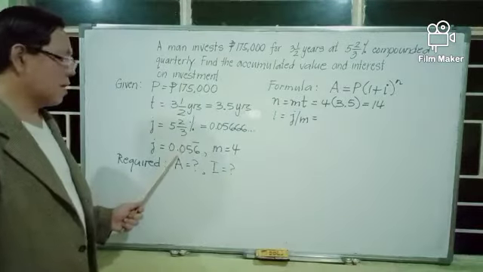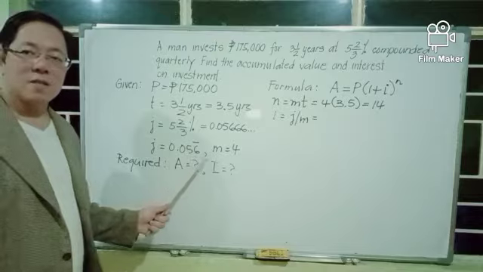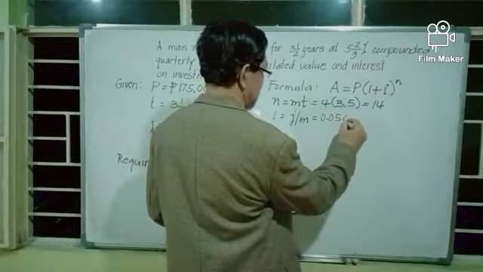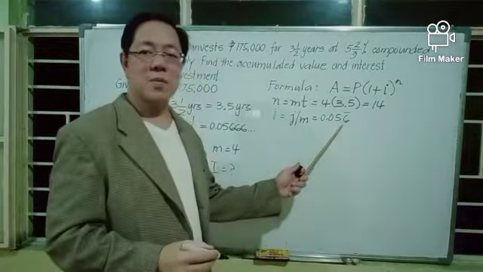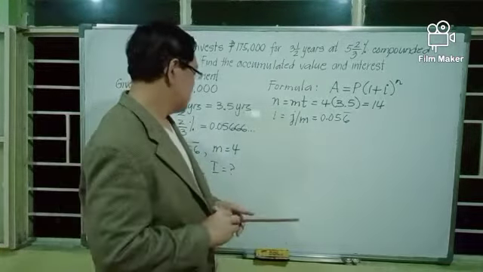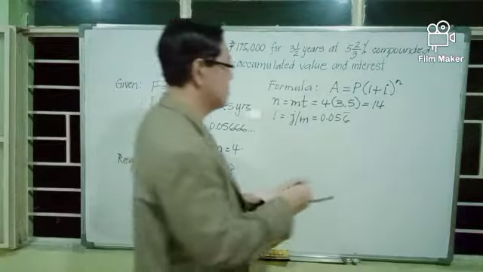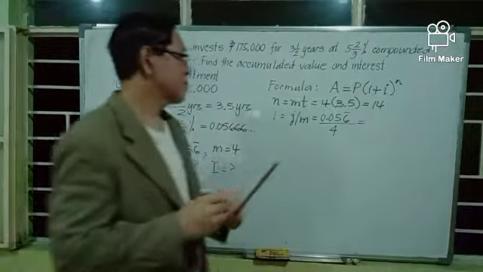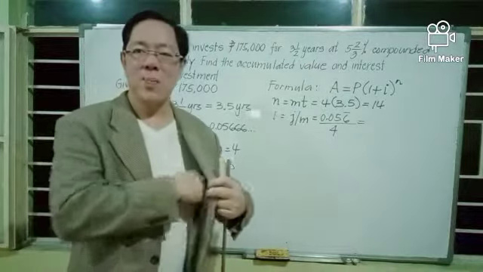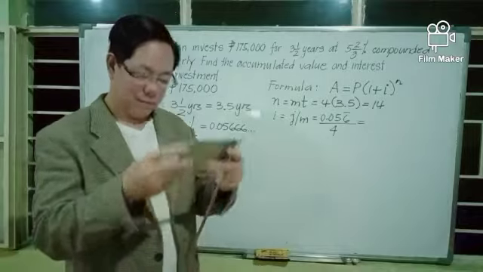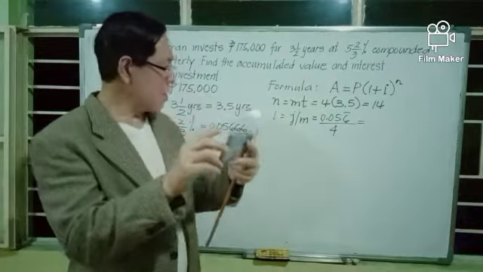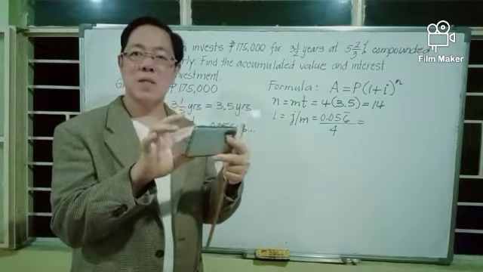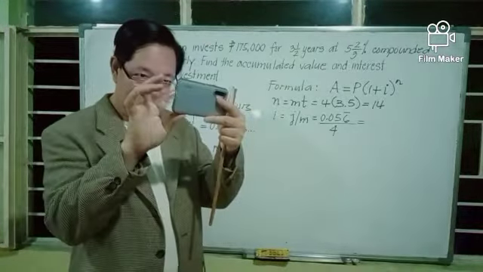Our j in decimal number is 0.056666. I simply write 0.056 bar divided by 4. We divide 0.056 bar by 4.